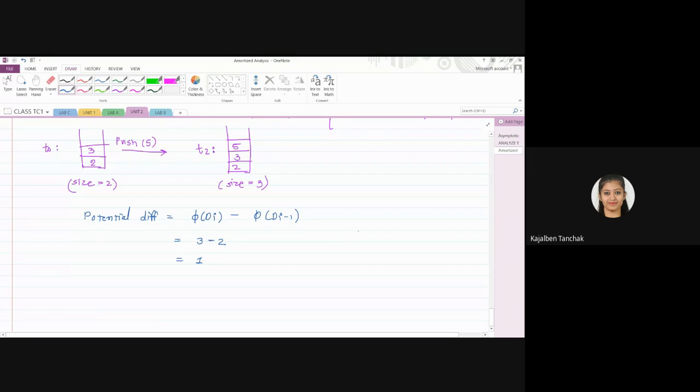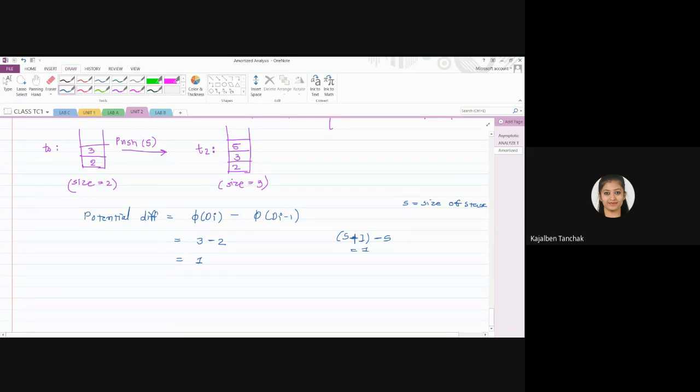If you write in the common format, S equals size of the stack, then you can represent it as S plus 1 minus S, that is equal to 1. So in general format, you can write like this.